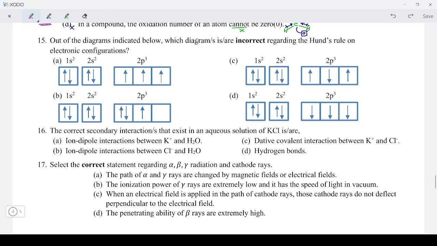And Hund's rule says when electrons are filled to degenerate sub-energy levels. What are these degenerate sub-energy levels? These are these things, like, so p has 3 orbitals, so it's a degenerate sub-energy level. So p, d, those are degenerate. Degenerate means that sub-energy levels are broken into orbitals.